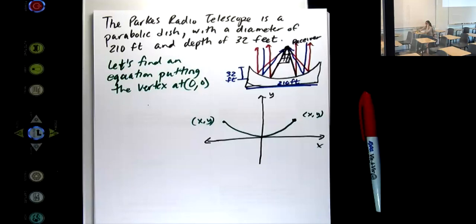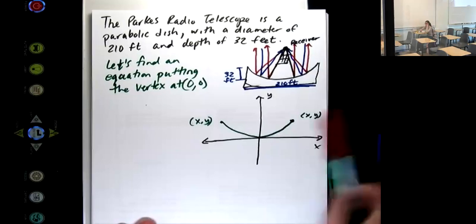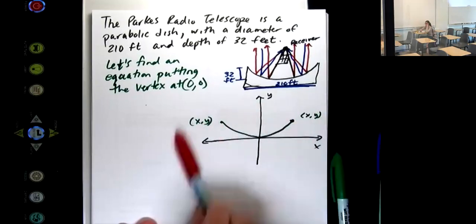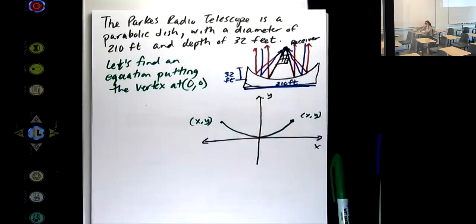Can I figure out... So 210 is telling us what on this picture? What does diameter mean for a dish?